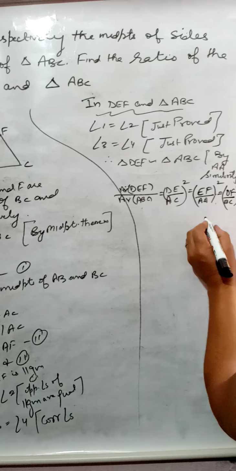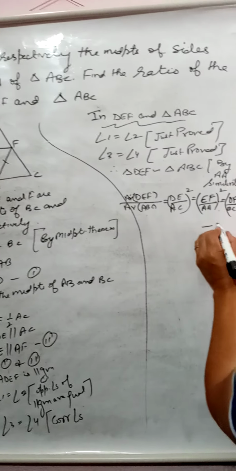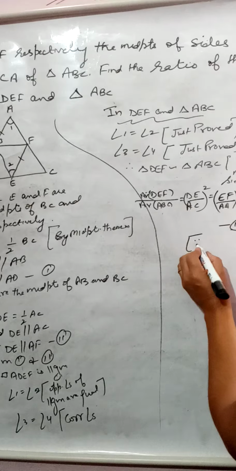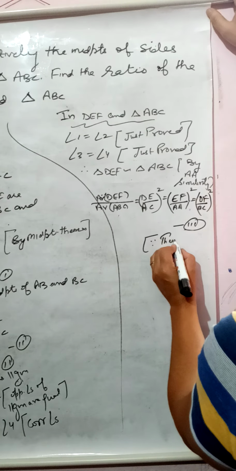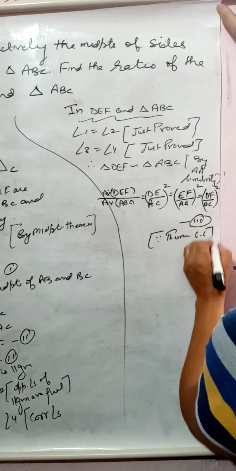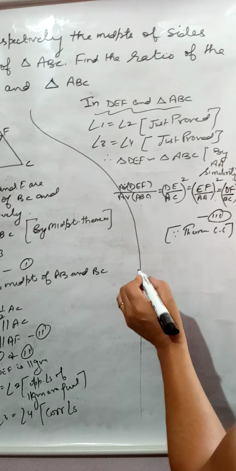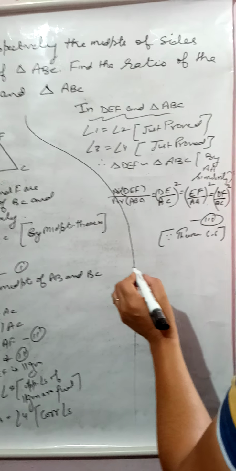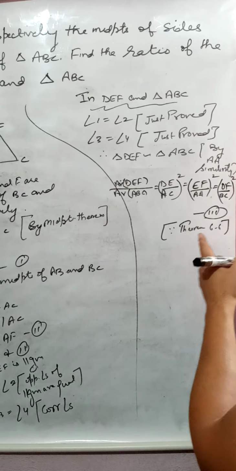Let it be number 3. Why? Because of Theorem 6.6: the ratio of areas equals the square of the ratio of their corresponding sides. This is the theorem. Now you have to write the statement.